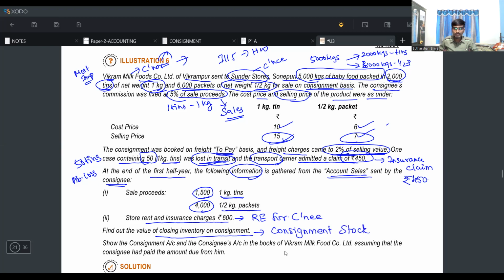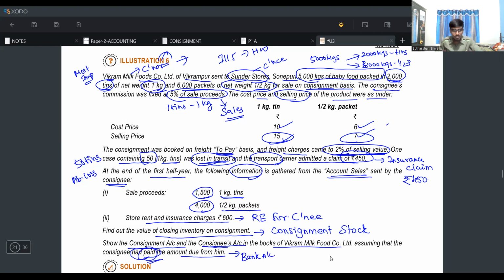Then show the consignment account and consignee's account in the books of Vikram Milk Food and Co. Limited, assuming that the consignee has paid the amount due from it. It means the balancing figure of the consignee's account should be taken as bank account. Due from it has been paid, so it should be taken as bank. Okay, this is the question.